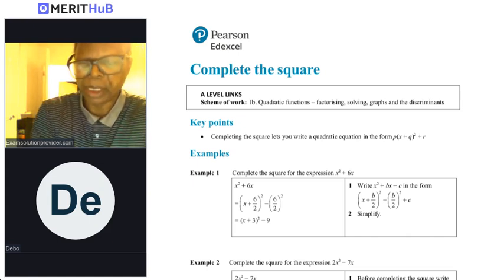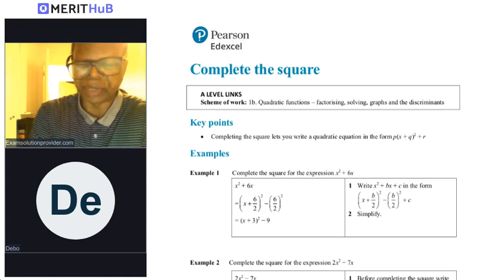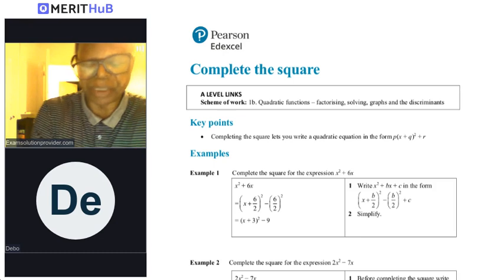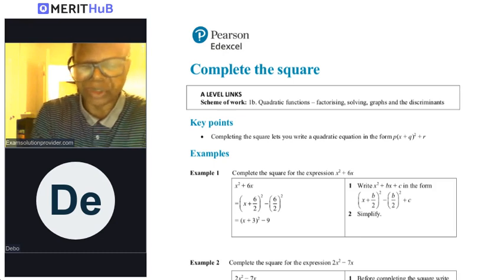Let's take this one. You can see here you have x on both sides. What we need to do is take half of that 6, so 6 divided by 2, then brackets squared, and then we have added the 6 over 2 squared, so we need to subtract that 6 over 2 squared.